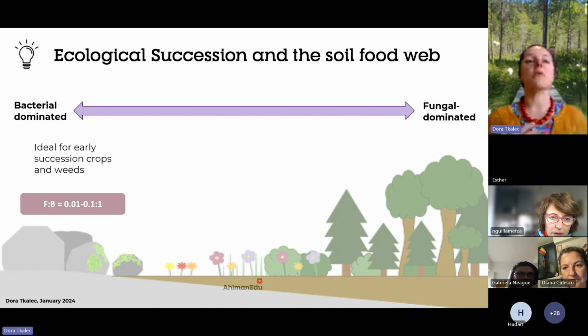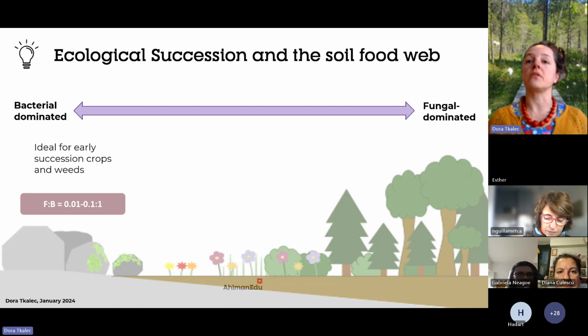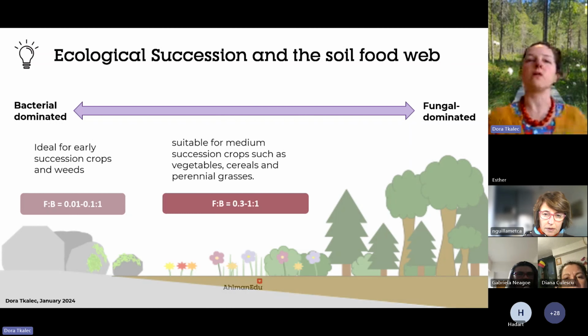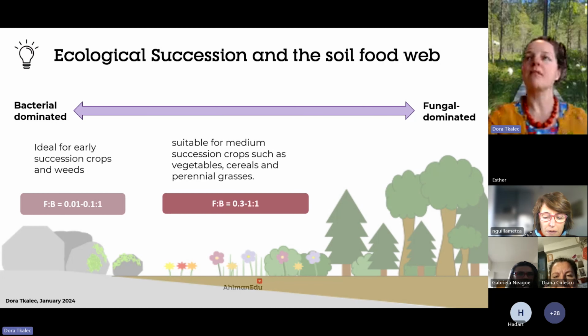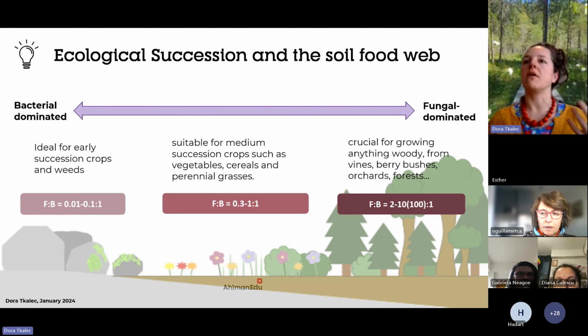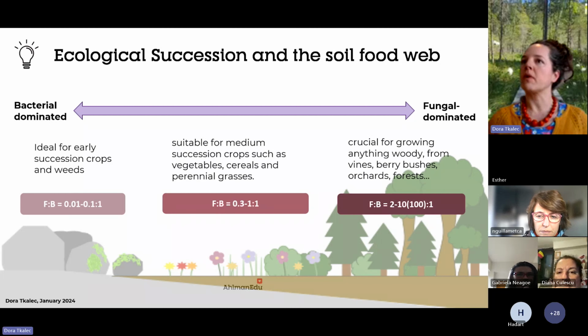When the soil is bacterially dominated, it will benefit mostly weeds or early successional crops. When the fungal to bacterial ratio is balanced, then we can grow vegetables, cereals, perennial grasses, and fungally dominated systems are crucial for growing anything woody, like vines, bushes, orchards, forests, and so on.